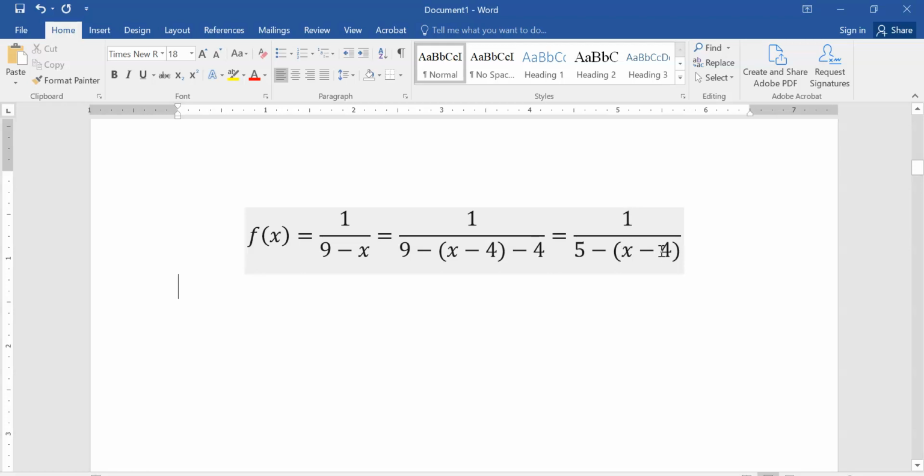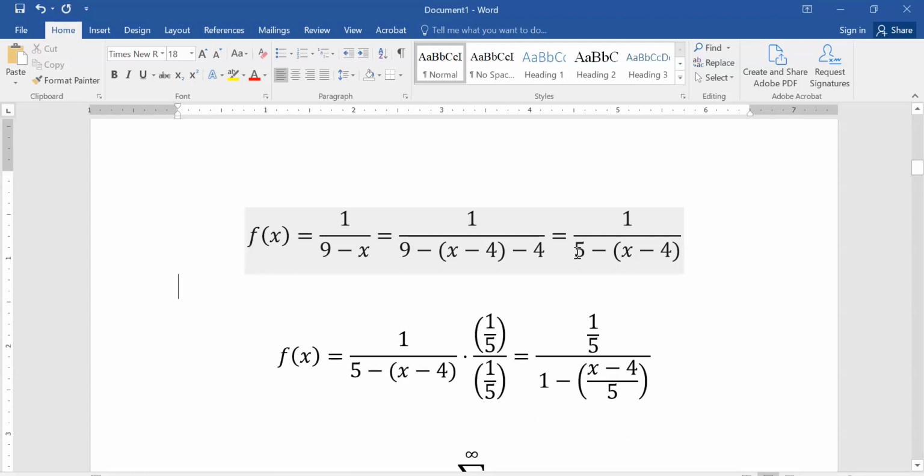Obviously, this is centered at the right place, but I do not have a over 1 minus r. So I have to go back and do that same trick we did in the last problem of turning this 5 into a 1. If you remember, here we have 1 over 5 minus x minus 4. The trick was multiply the top and the bottom of the fraction by 1/5. Well, 1/5 in this case.